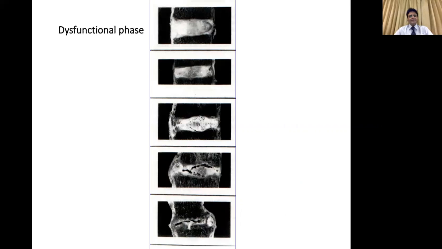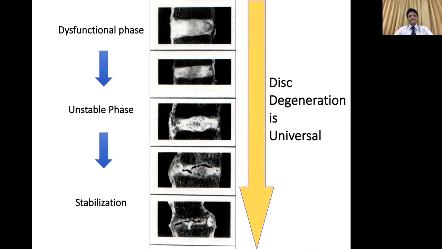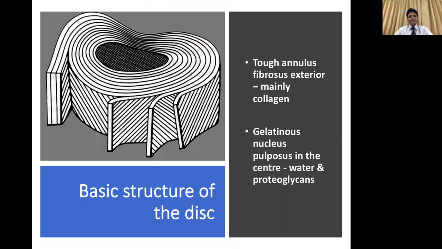As we age, we go through dysfunction into an unstable situation in the lower back till finally it auto-stabilizes. This is a universal phenomenon and is represented by a Kirkcaldy-Willis cascade of events.